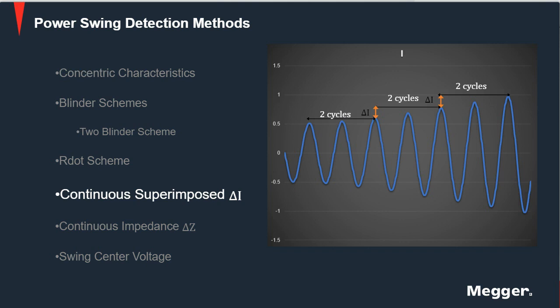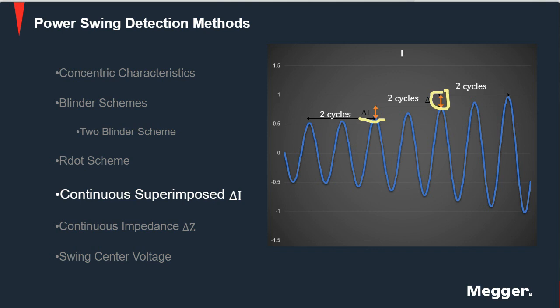So you declare that a power swing is happening when the ratio of the two-cycle measurement divided by the previous two-cycle measurement is greater than 5% of the nominal current of the relay.